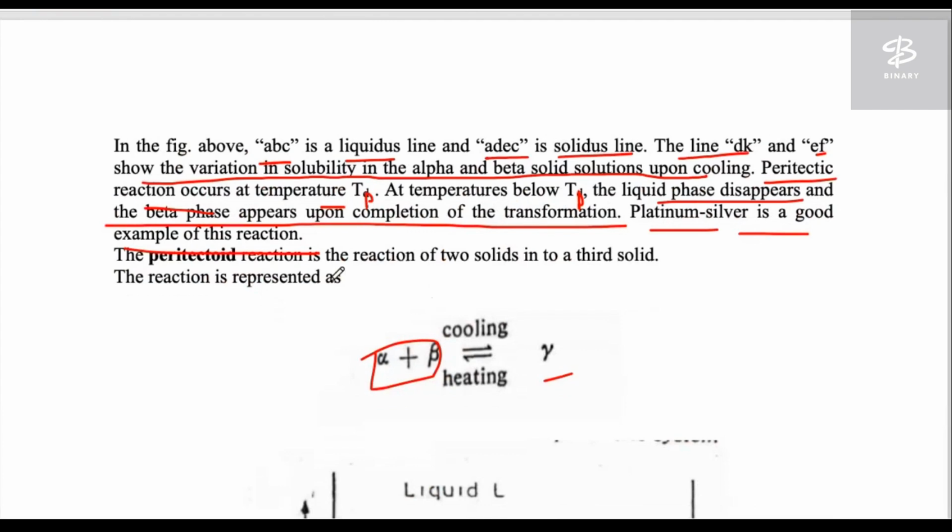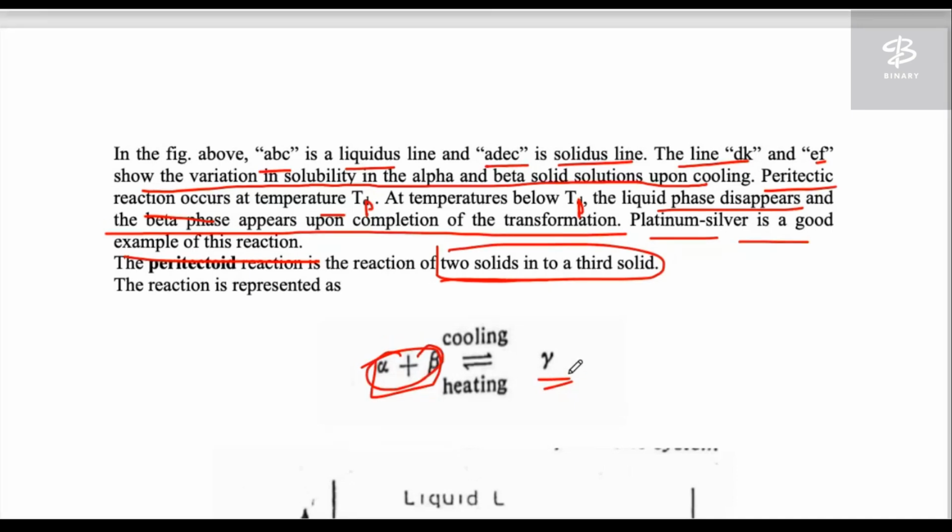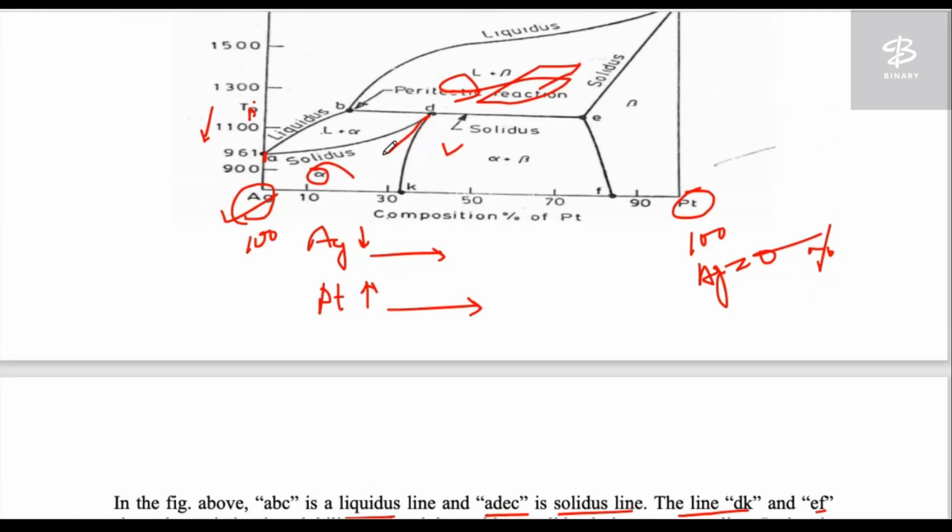And if we talk about the peritectoid reaction, it is a reaction of two solids into a third solid. So what is the difference? In peritectoid, two solids convert into a third solid. While here, liquid plus solid is getting converted into solid.